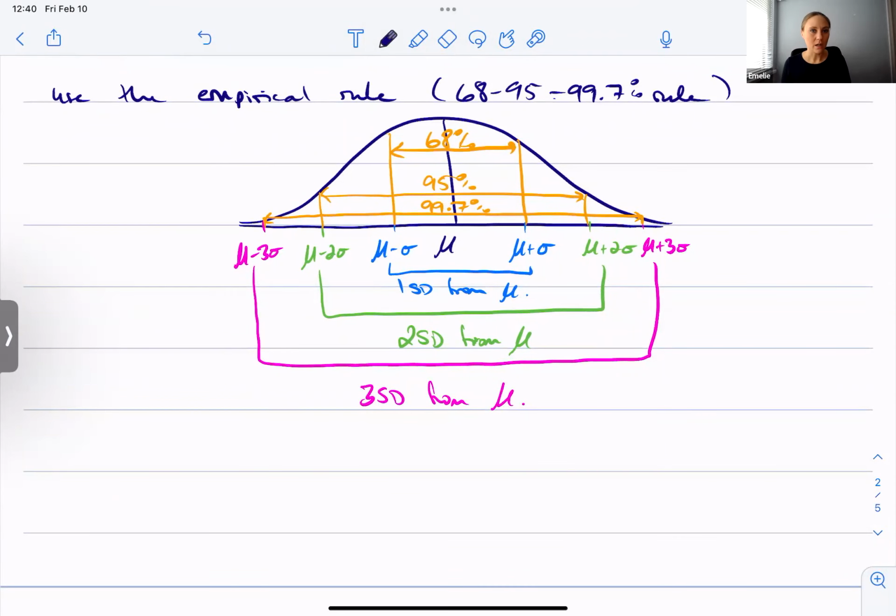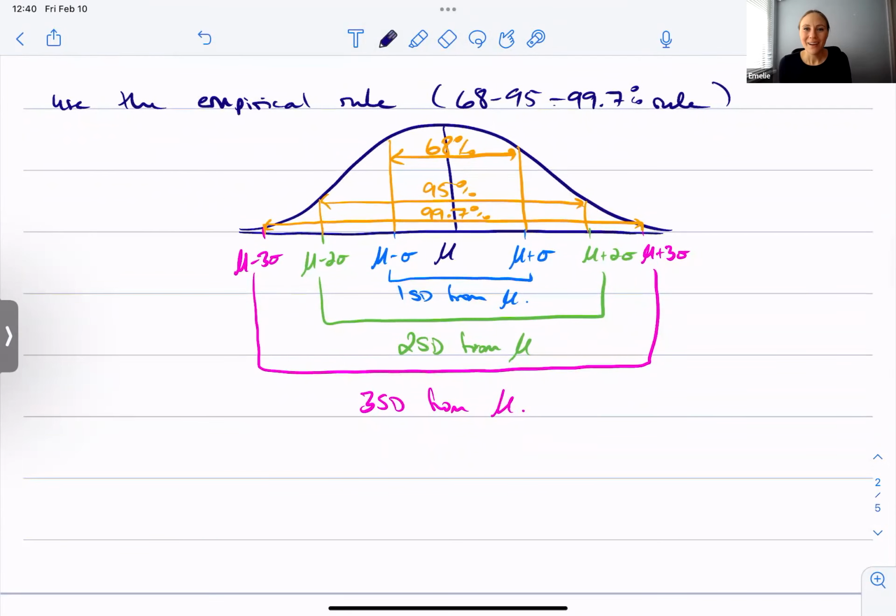Okay, so let's see here. We can use these areas, these probabilities, to find probabilities associated with an observation. We can also work the other way. I call it working backwards.